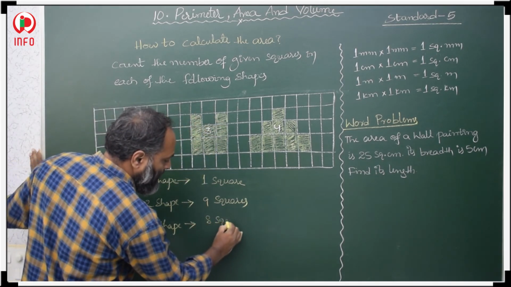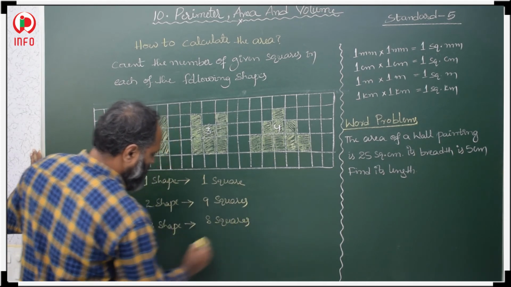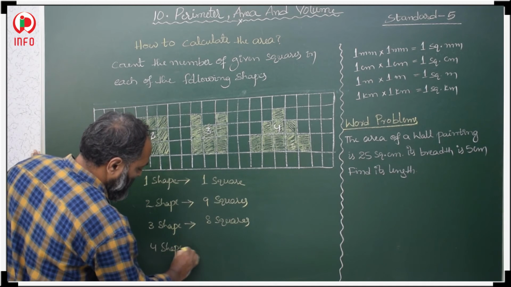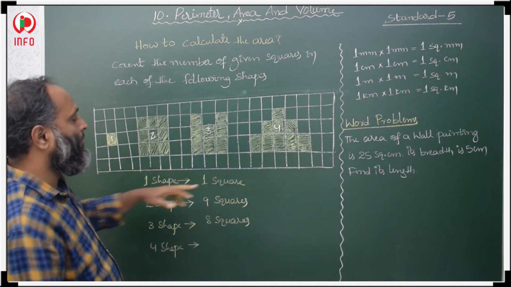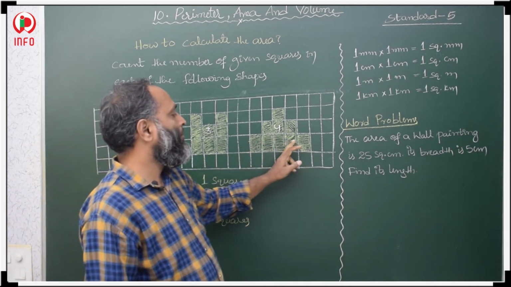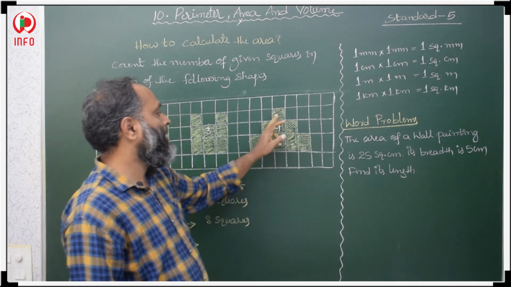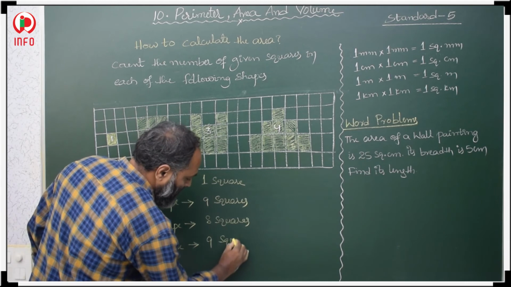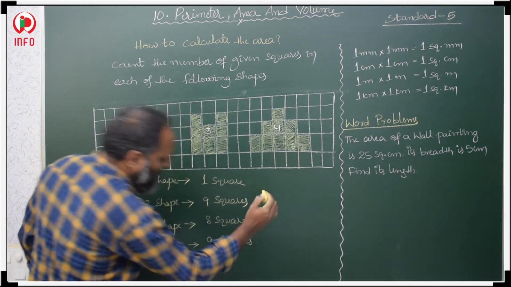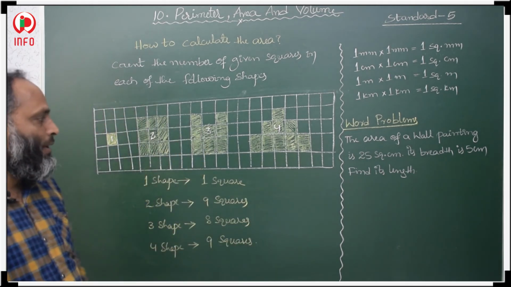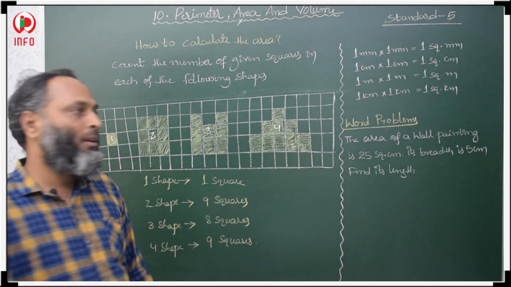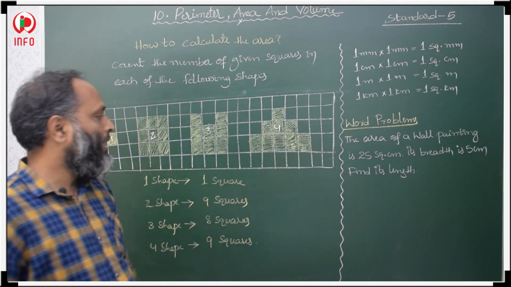In the fourth shape, we have 1, 2, 3, 4, 5, 6, 7, 8, 9. 9 squares. So this many squares we have in each shape.